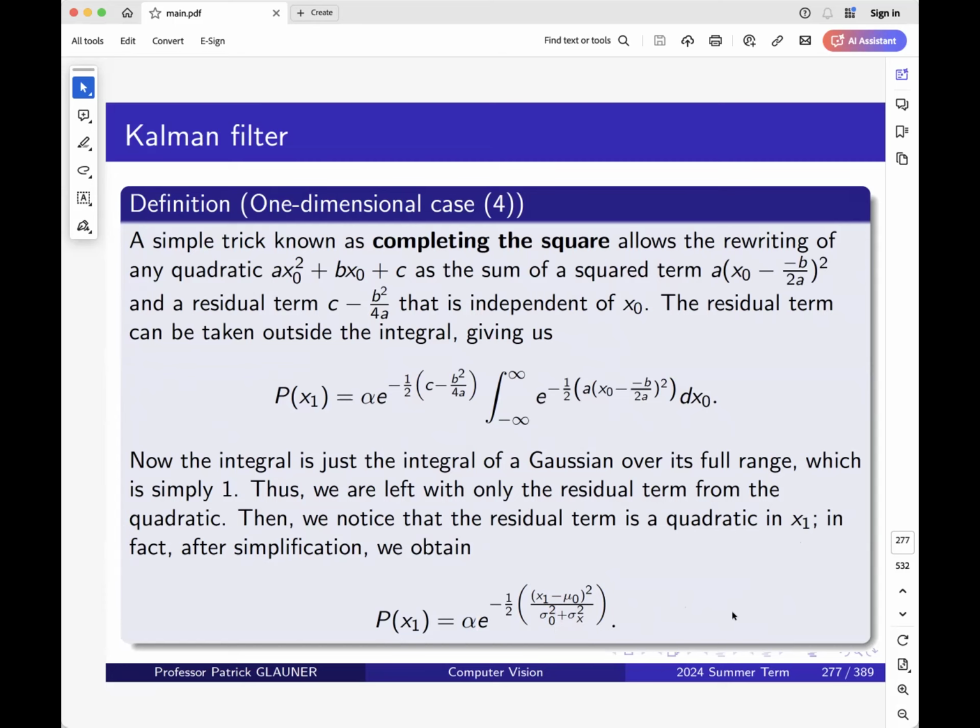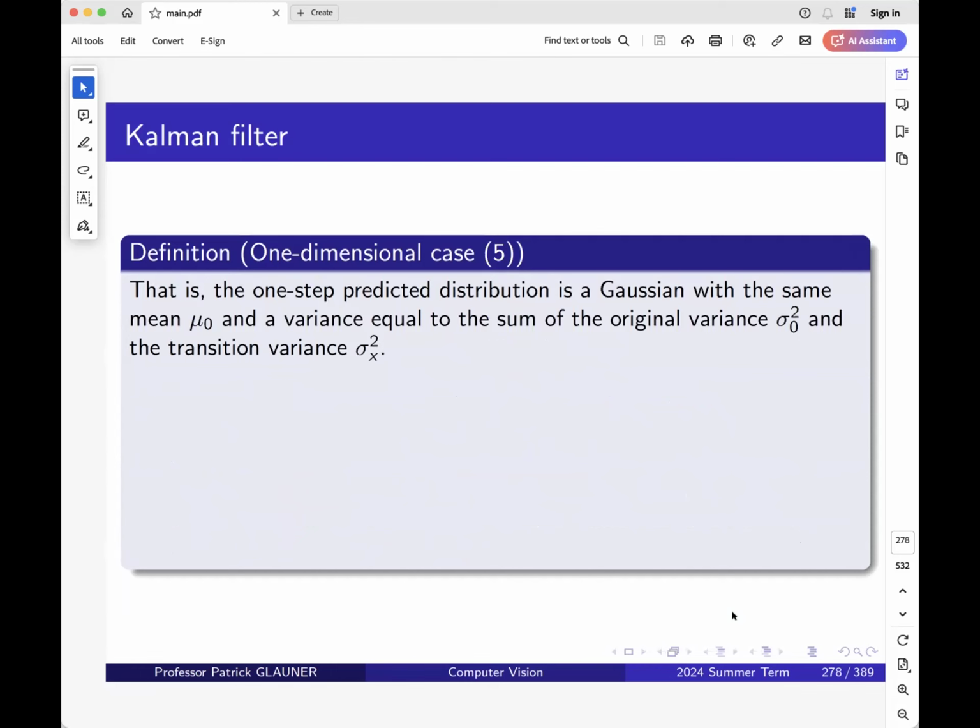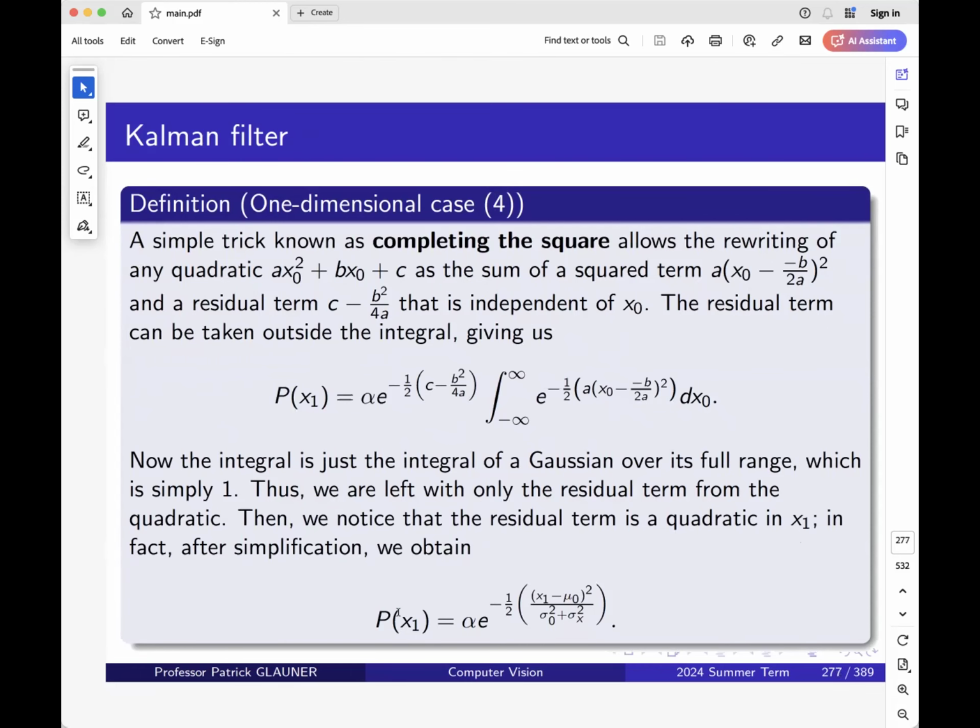And this now is actually fairly easy to compute, because all our x1 depends on now is the mu, so the mean, and the variances. Nothing else.